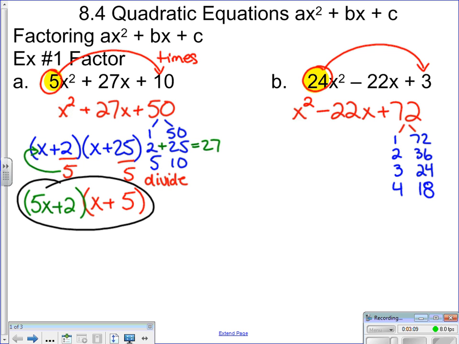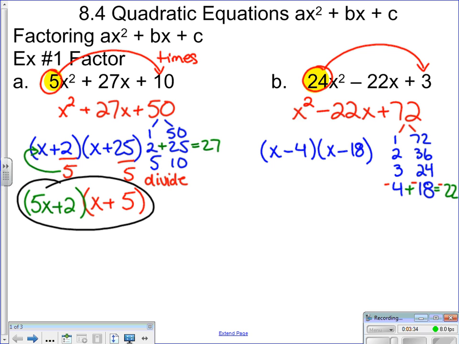And I think that's the one we're looking for, because 4 plus 18 equals 22. However, since it's negative 22, I'm going to have to make both the 4 and the 18 both negative. So I'm going to have x minus 4, x minus 18.